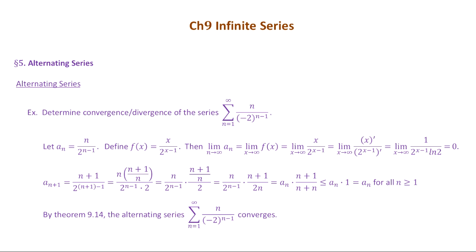So here we use different techniques, tricks a little bit, and they are used pretty extensively, those kind of small tricks when you compare different numbers. So both conditions are met. So by theorem 14, the alternating series converges. All right.